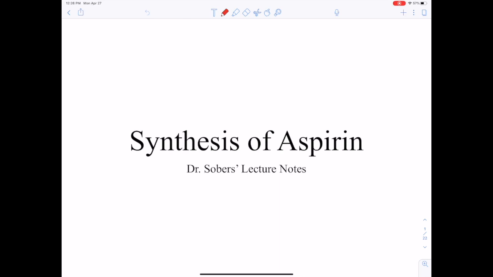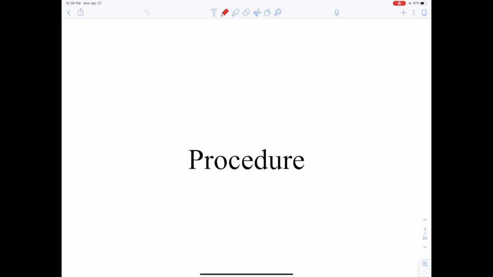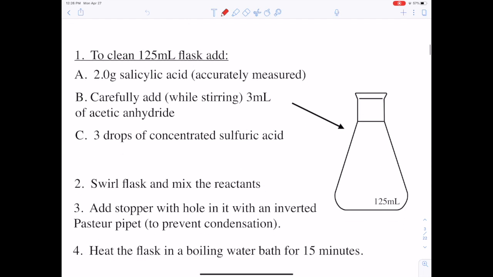The second part of this lab activity is the synthesis of aspirin. We won't be actually doing the synthesis this semester, obviously, but we could take a quick look at the procedure.